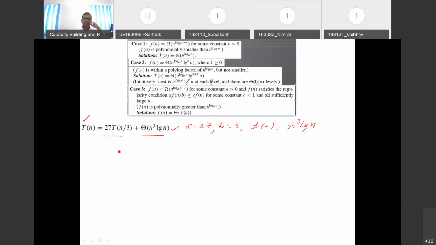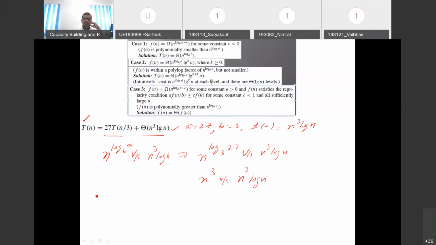The master theorem says that we need to compare n raised to the power log a base b with f of n, that is n cube log n. So n raised to the power log 27 base 3 versus n cube log of n. That is, n cube versus n cube log of n.